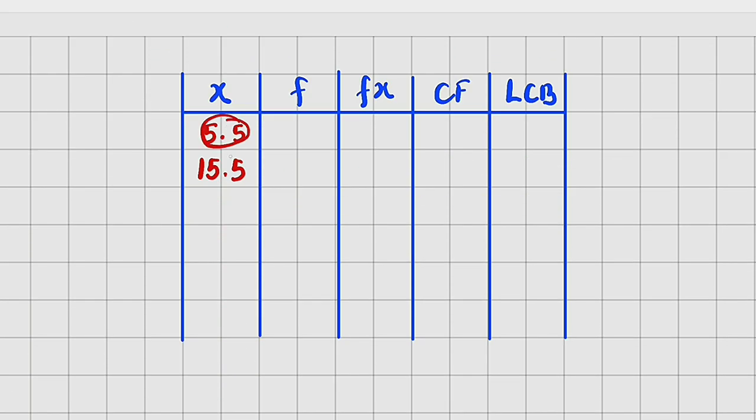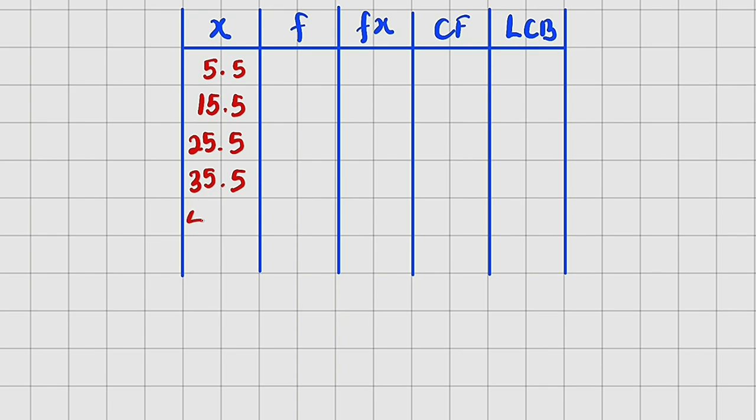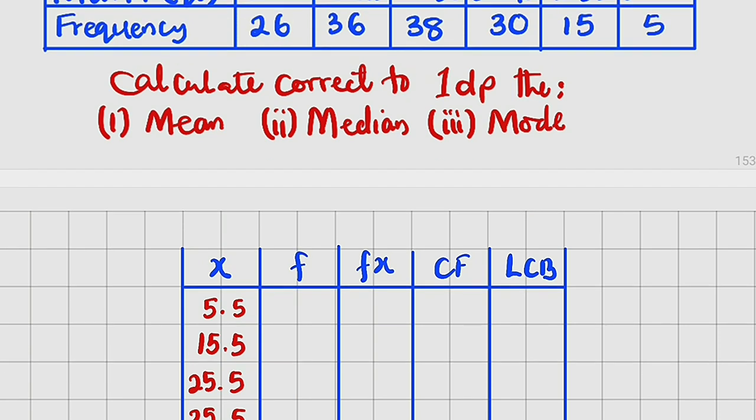So this plus 10 will give us this. And once you add 10 to this one, it becomes 25.5. Add 10 here, you have 35.5. Add 10 again, we have 45.5. And lastly, we have 55.5.